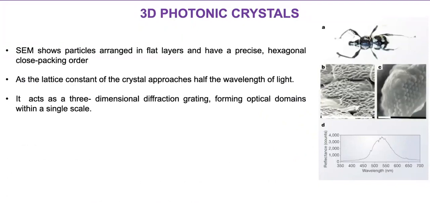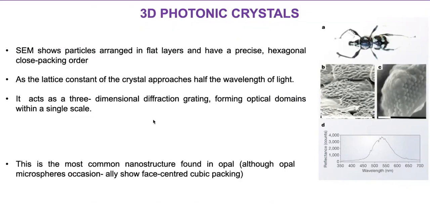If you take a cross section of these small patches, what you see is a three-dimensional organization of these spherical nanostructures. And the lattice constant of this will approach, for example, the wavelength of light. If you take a reflectance spectra, you can see that it nicely matches and it's around 550 nanometer.